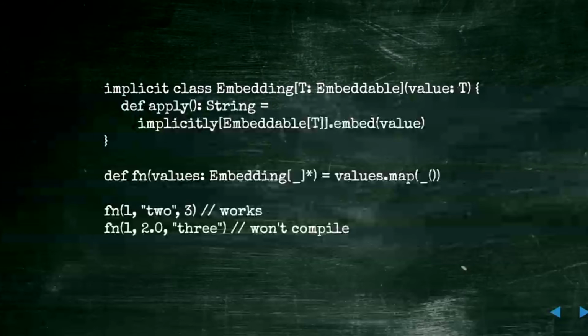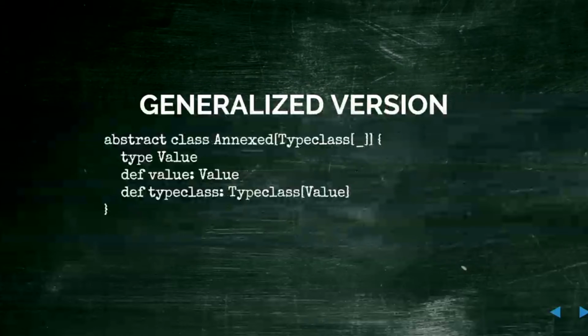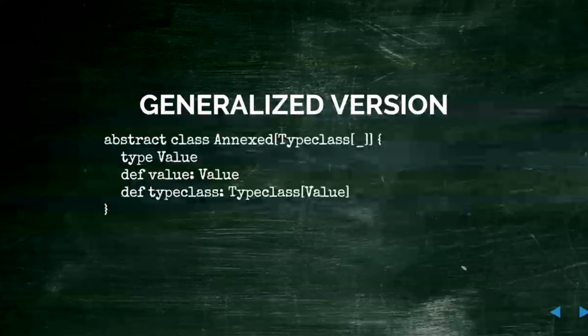So I thought, well, that version works for the embed method. That's just one particular type class. So I thought I'd write a more general version. So I'm inventing this thing called Annexed. It's a generalized version of the embedding here. So I'm going to take a type class which is higher kinded.